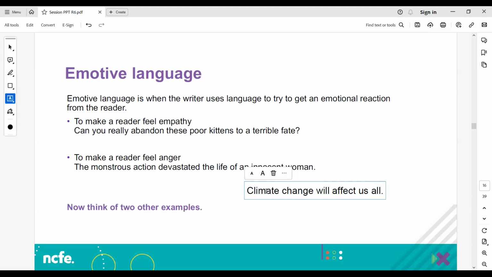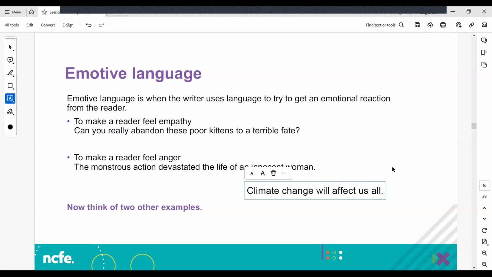Can you add any emotive language to that sentence to make people feel angry about it, motivated to do something?